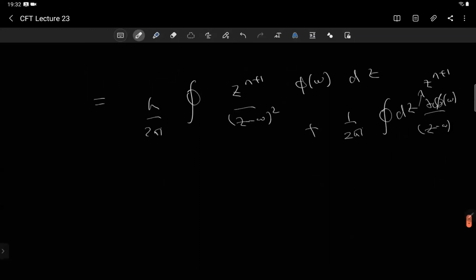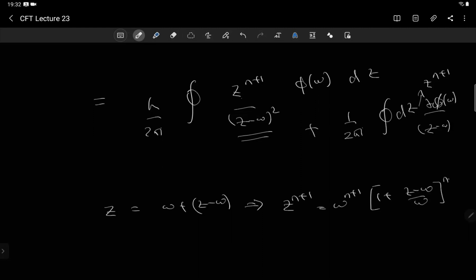Now what will you do? When we evaluate this, we have to expand z to first order about omega. So we write z as omega plus (z minus omega), and this means that z to the n plus 1 we can write as omega to the n plus 1 times (1 plus (z minus omega) over omega) to the power n plus 1.